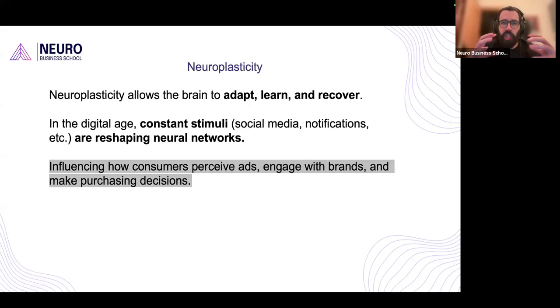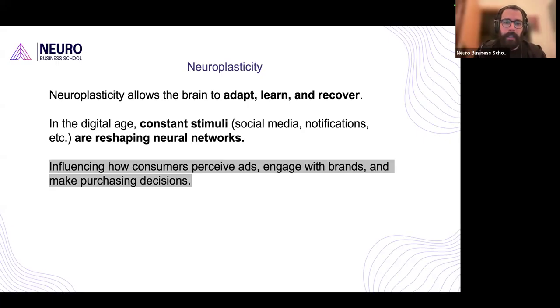It is changing its shape and the circuits that compose it, and these changes are the reason why we can learn, remember, recall, and change our behavior. So neuroplasticity is the core of any kind of adaptation, any learning process, any cognitive process. That's the reason why neuroplasticity is so important.